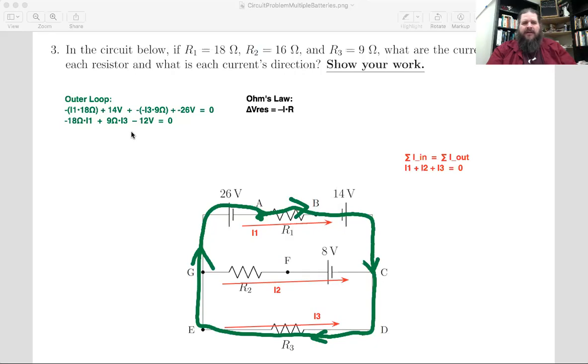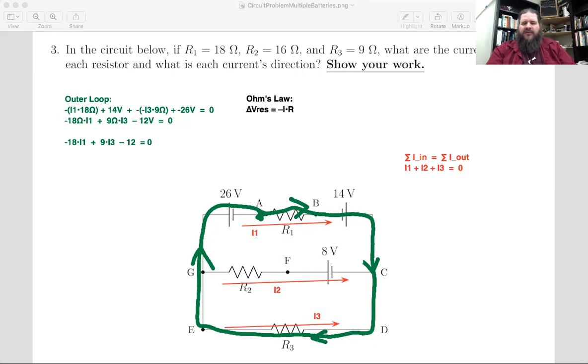Generally, I do recommend including units when you're working stuff out. But also, if you know what voltage everything's going to work out to, and it's all going to fit together and you don't need any further conversions, it's generally safe to leave off the units. So we can just write this numerically as negative 18 times I1 plus 9 times I3 minus 12 equals 0.